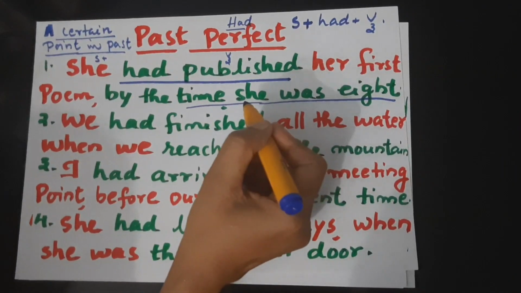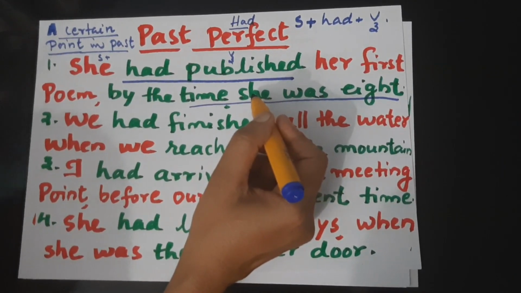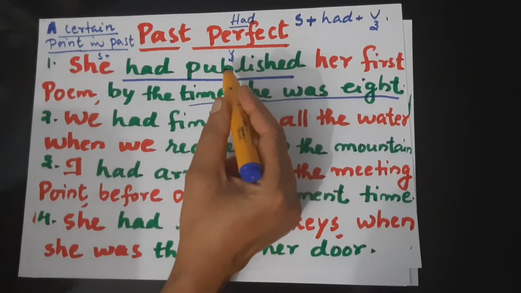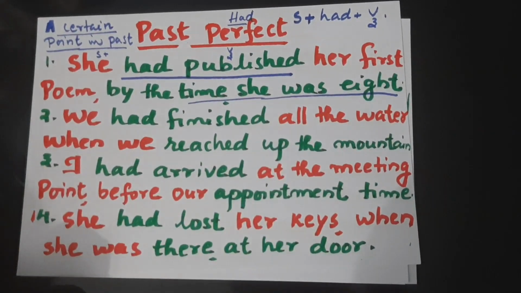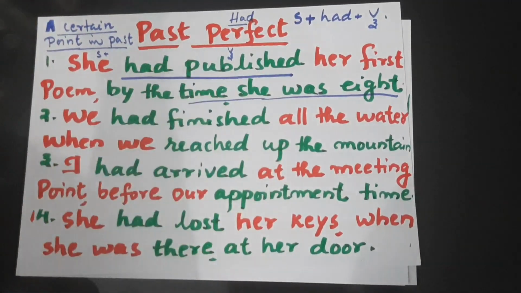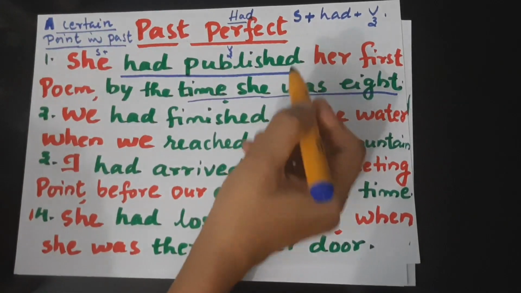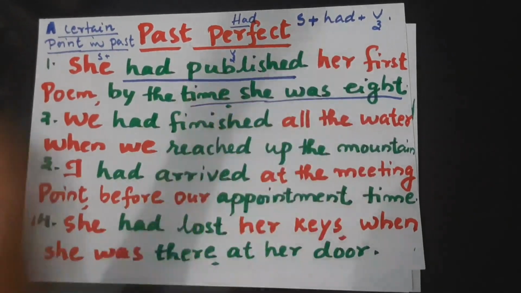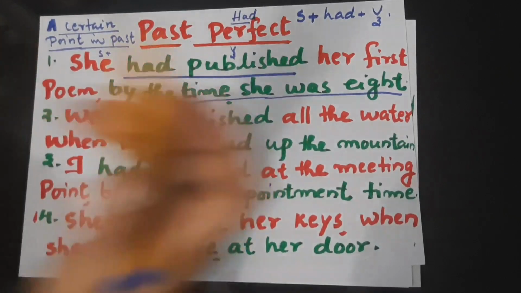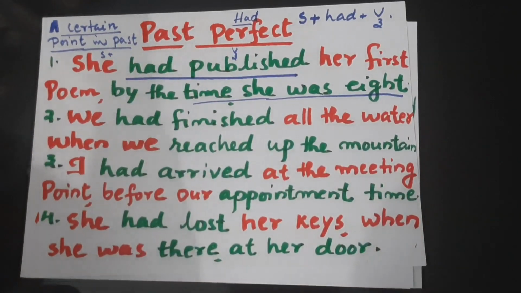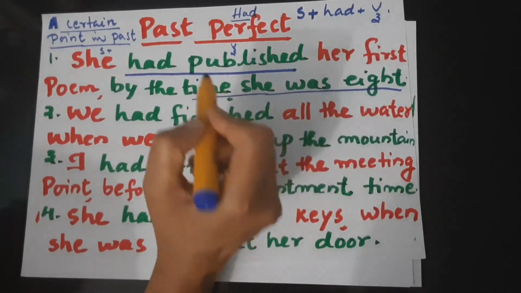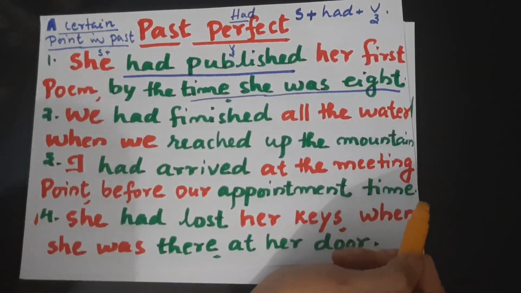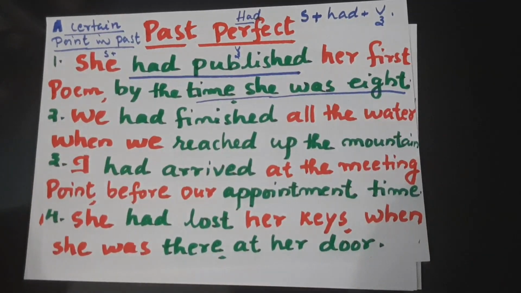This action refers to the distant past, an action that had completed in the distant past. She had completed an action before this point of time. Before she was 8, she completed her first collection of poems. That is it. Next one.